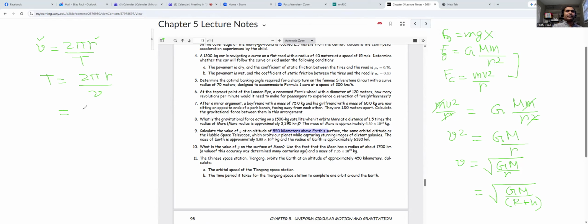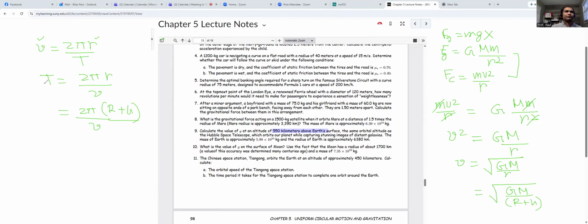And remember that r is the radius plus h. You have to keep track: this r is not just a single number, it's a sum of the radius plus the altitude.